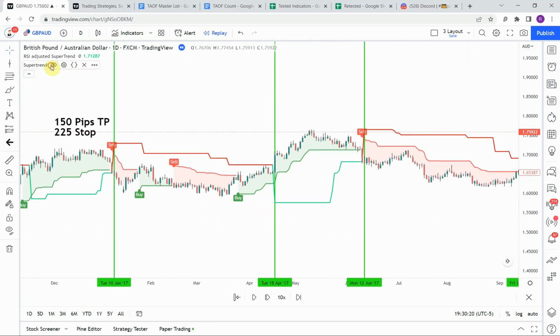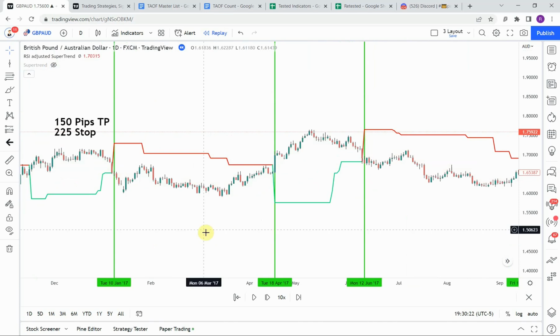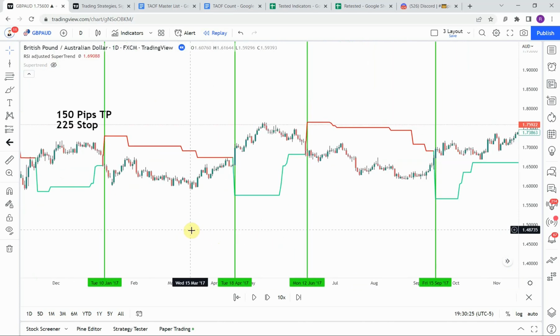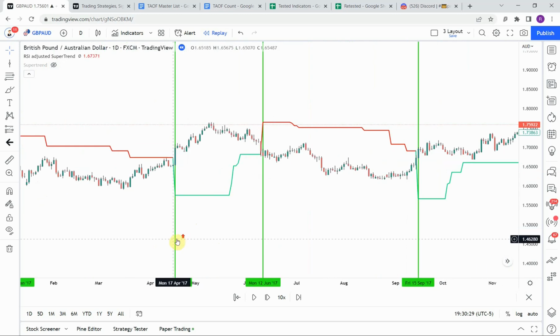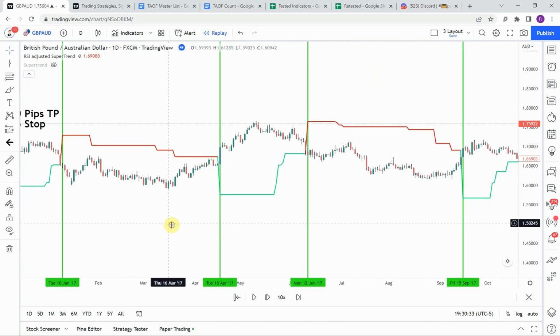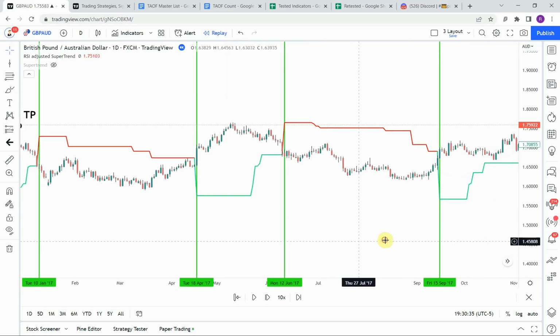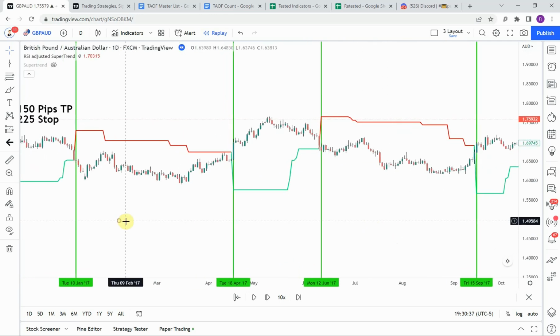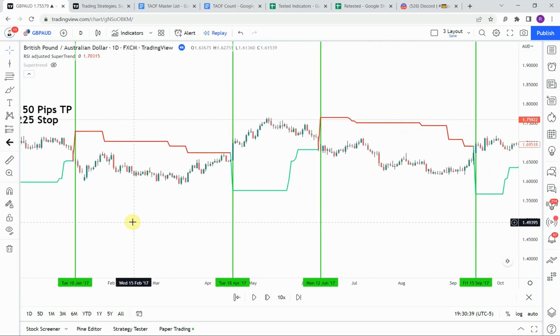And so the RSI adjusted super trend seems to be a little bit slower, a little bit more precise in its entries, a little bit more methodical, and jumping in those entries at a better time. All in all, seems like a solid indicator. This one is going to go on the yes list, and we will move on to the next indicator from here.